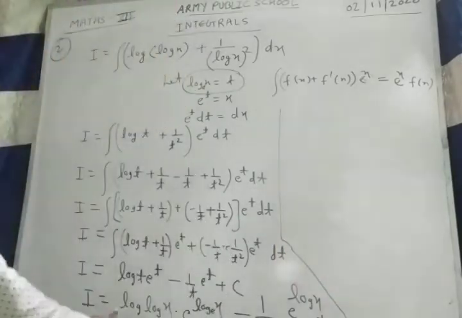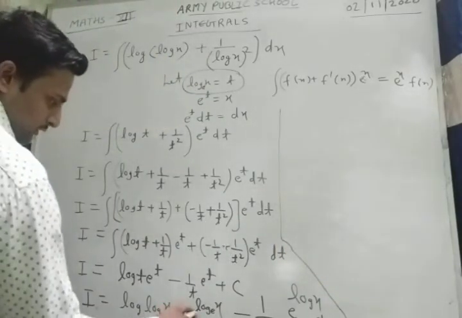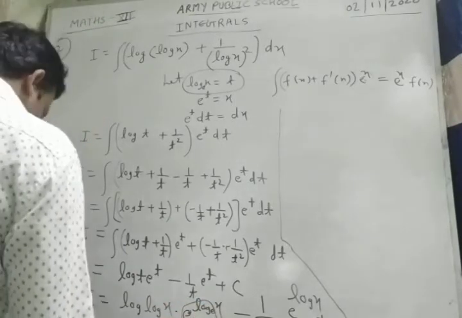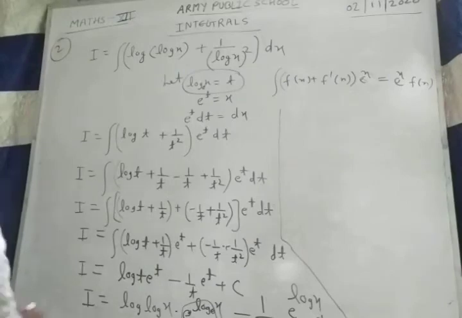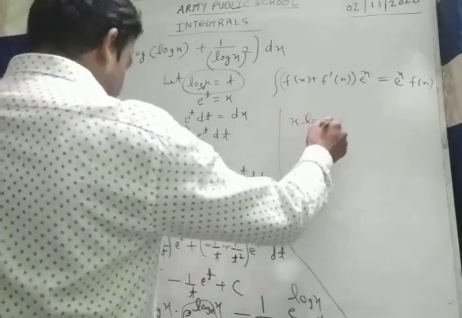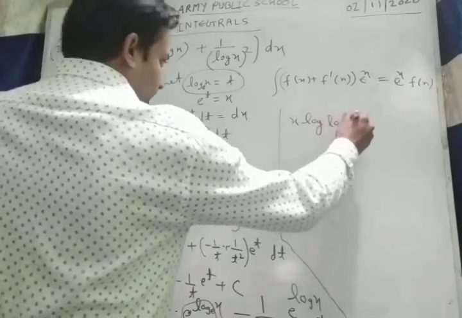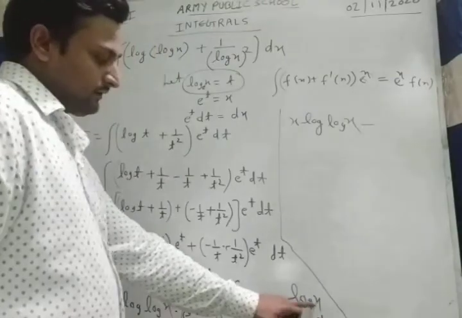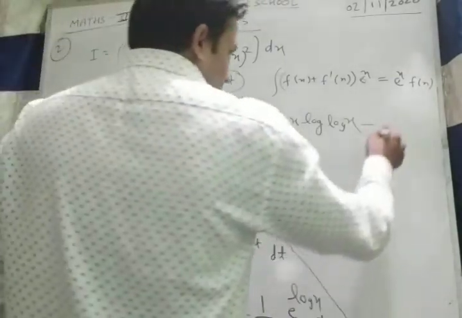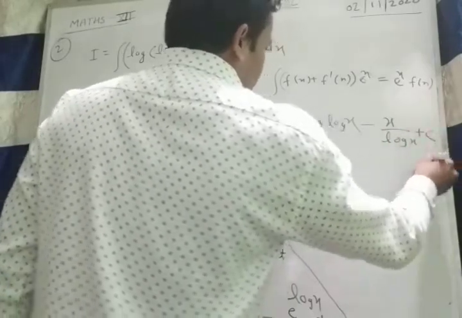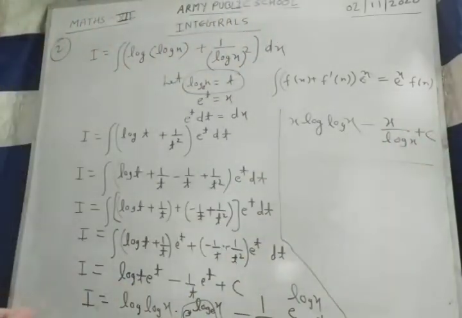Now this is e to the power log x, and you know the value of this will be x. So we write x log x, and here minus, this will be again x. So we write x by log x plus c. So it will be our integration of this integral.